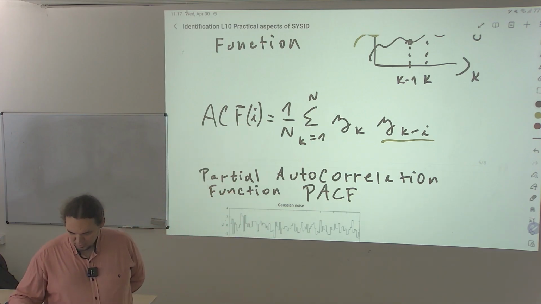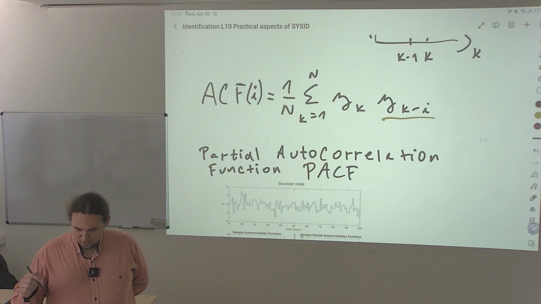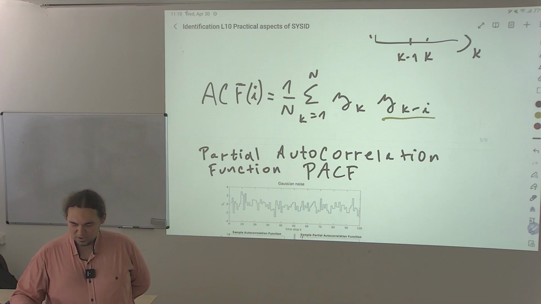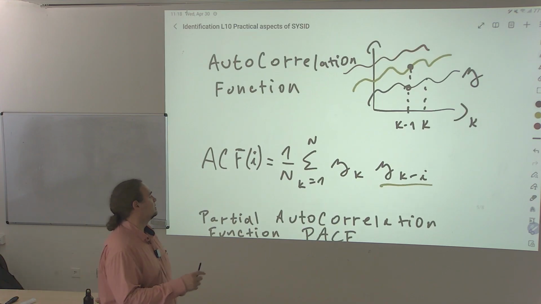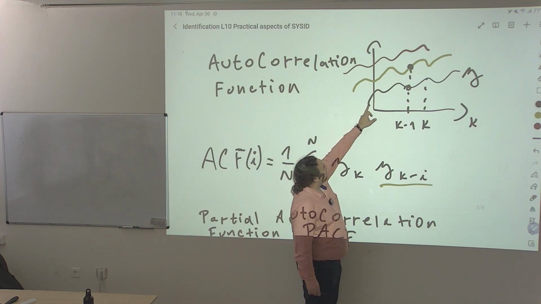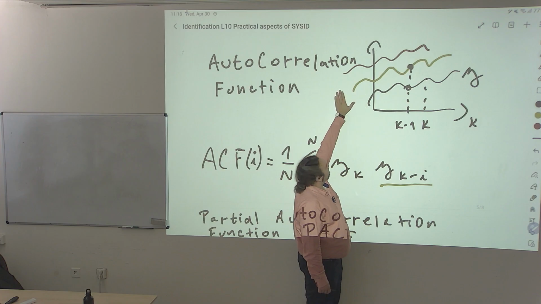And the partial autocorrelation function will gradually remove correlation that is explained by shorter delays. Let's say I take the black signal, copy it, and shift it backwards in time to get the yellow signal.